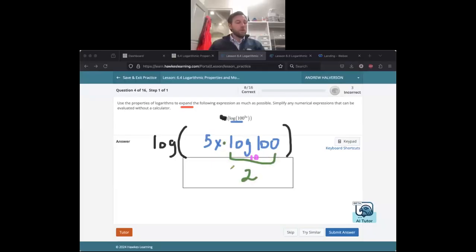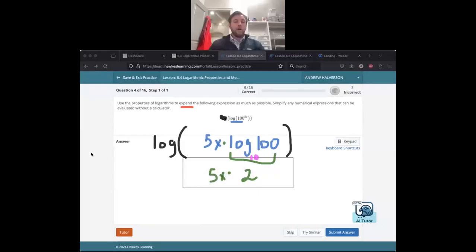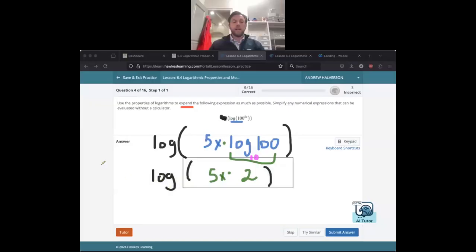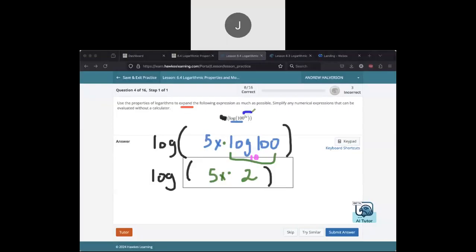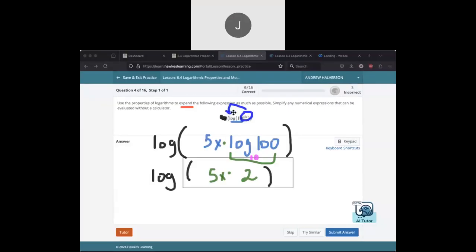And this is multiplying in front. All the while, we still have our outer log there. More on that in a second. But just a quick recap. We took this exponent and moved it to the front of this log using the power rule.